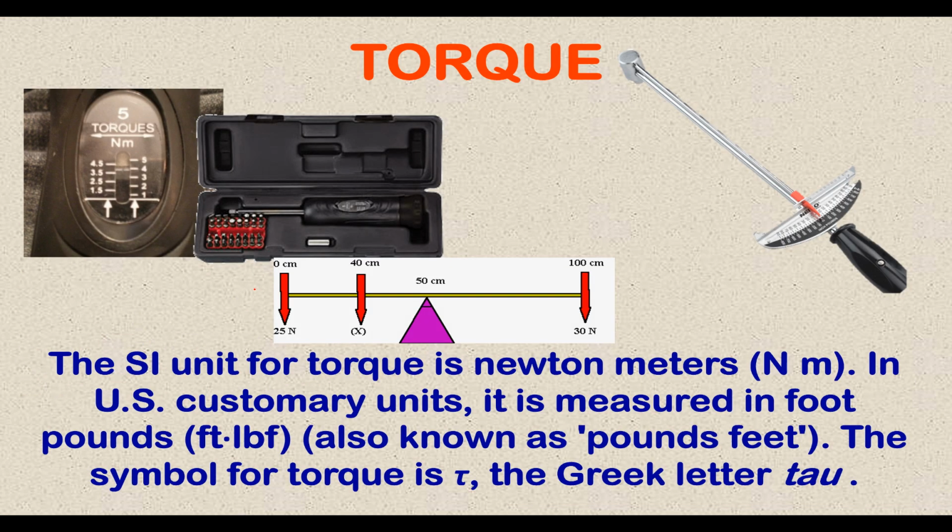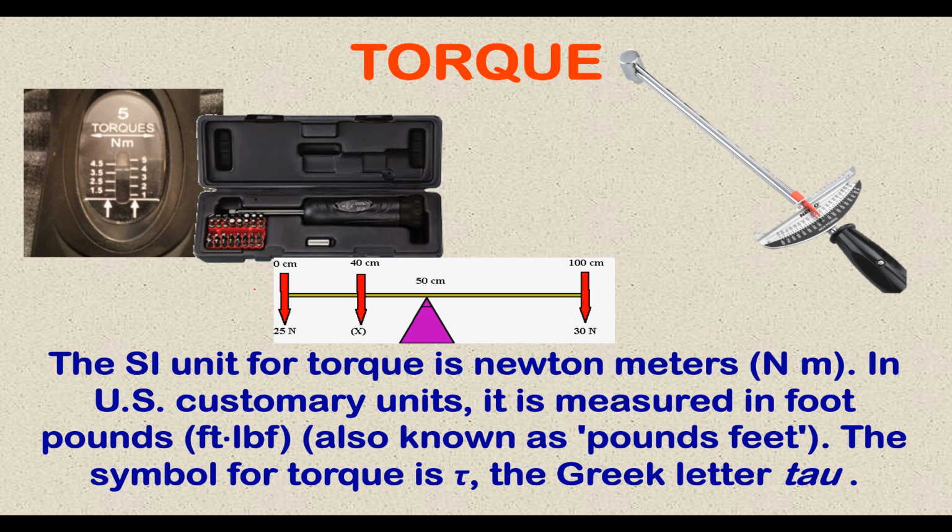Here is a tool called a torque wrench. It's meant to measure how much rotational force you are applying on a nut or a bolt, and how tight it will become. You want the nuts on your car tires to be a certain tightness.